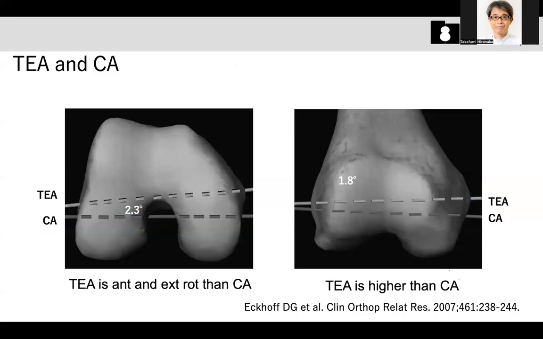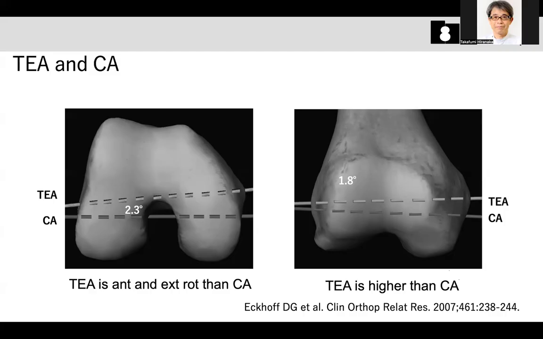Compared to the TEA and CA, there is a slight difference. In terms of rotation, TEA rotates externally 2.3 degrees in one report, but it's quite variable among the reports and among the patients. In terms of the coronal plane, it's approximately 2 degrees.